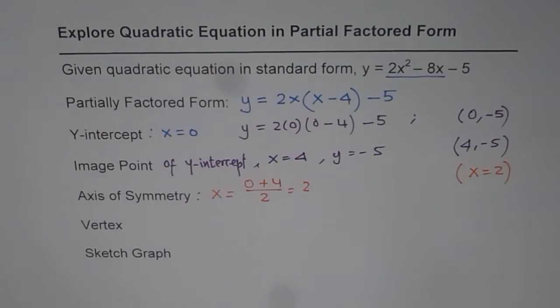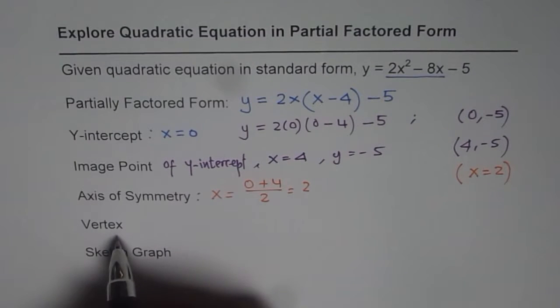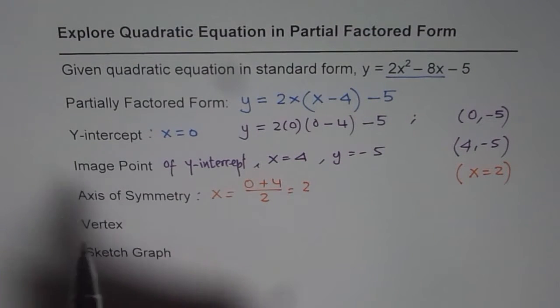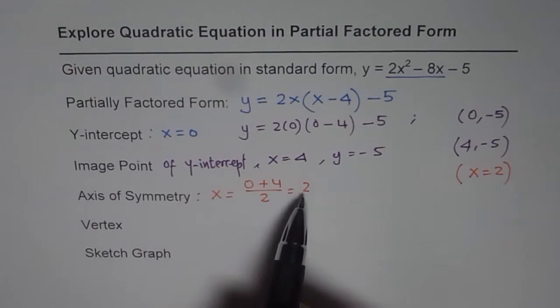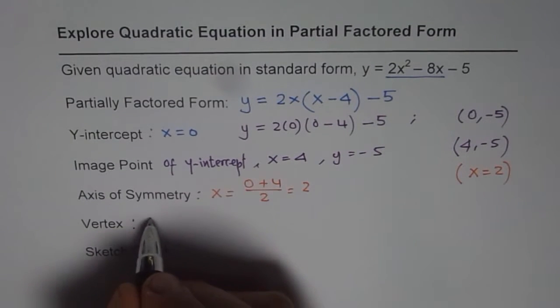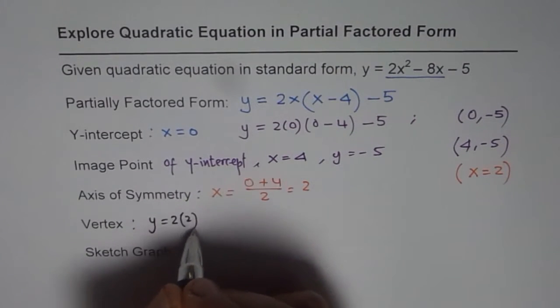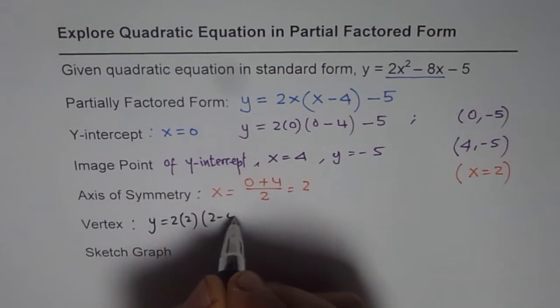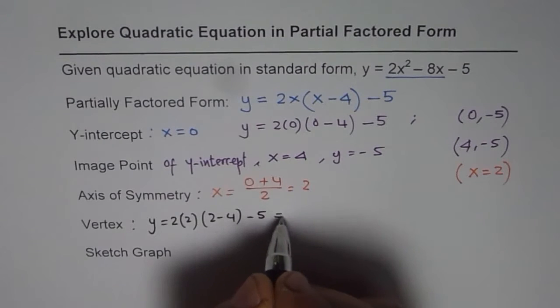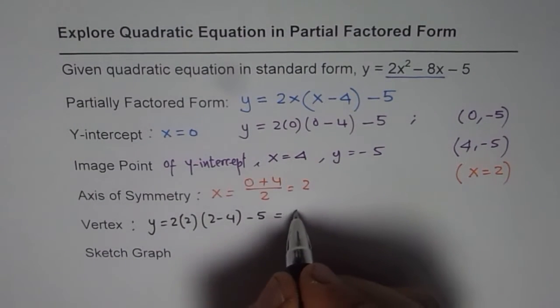Now let us calculate the vertex. Vertex is the point where the graph cuts the axis of symmetry. That means at x equals 2. So if I substitute x as 2, I get 2 times 2, and then within brackets 2 minus 4, minus 5. Now 2 times 2 is 4, right?